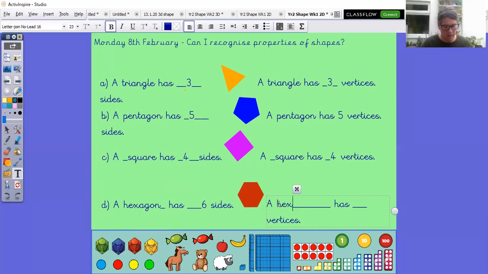A hexagon has 1, 2, 3, 4, 5, 6 vertices. What do you notice about these sentences and the numbers? How many sides and how many vertices?